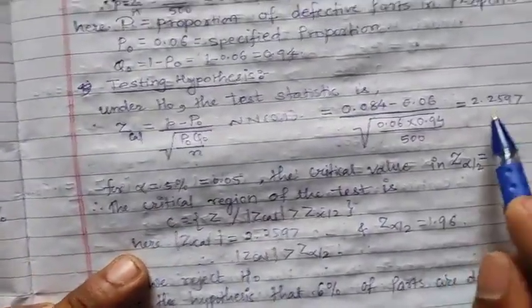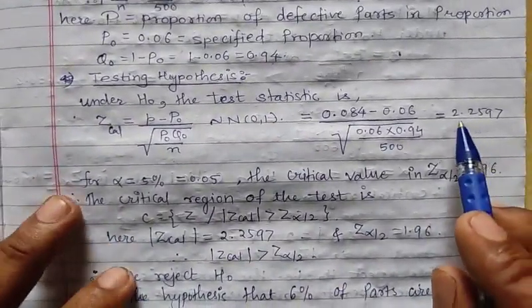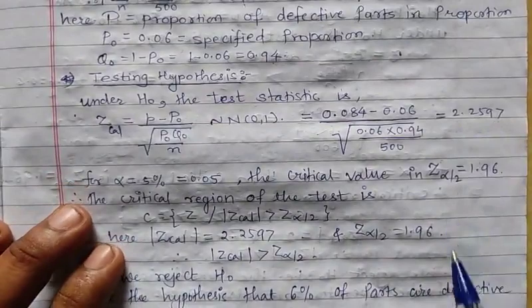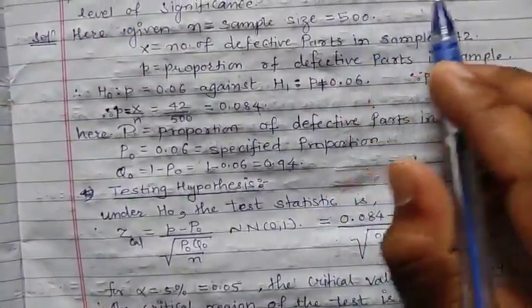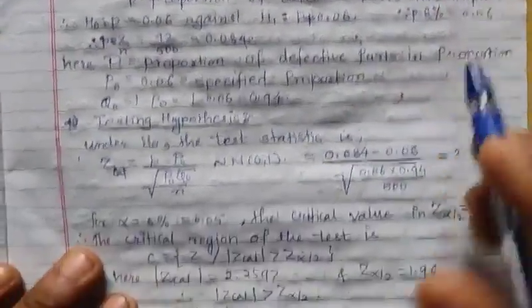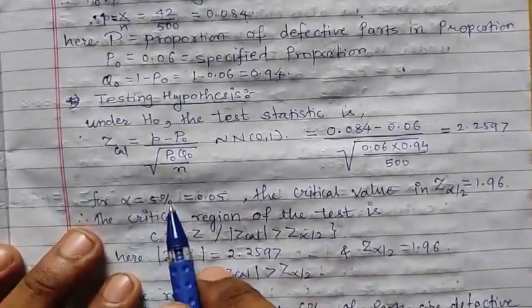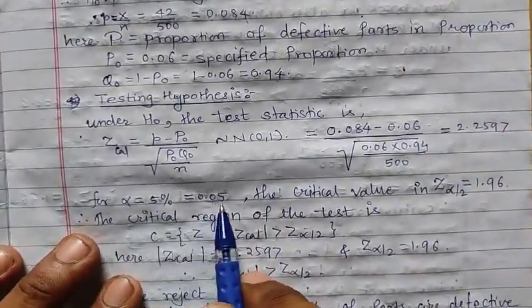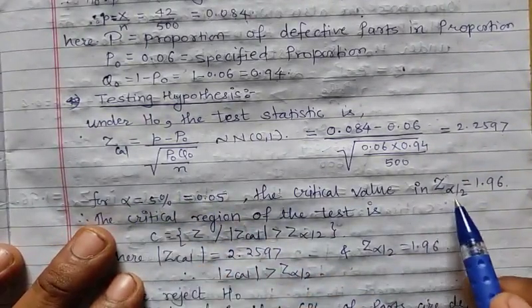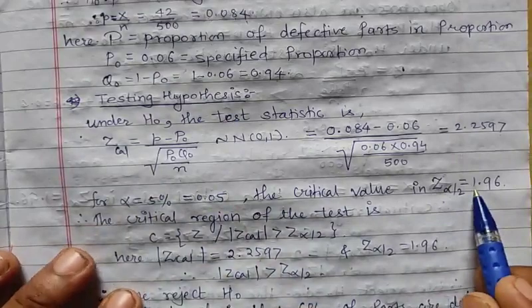Now let's see the calculation. The value of Z calculation is 2.2597, and in this example alpha is given as 5% level of significance, that is 0.05. For alpha 5%, the value of Z alpha by 2 is 1.96.